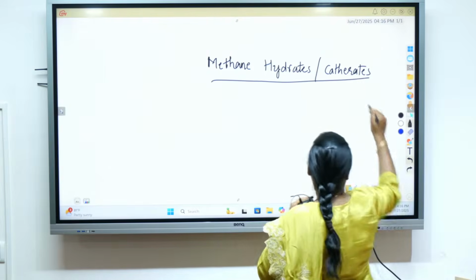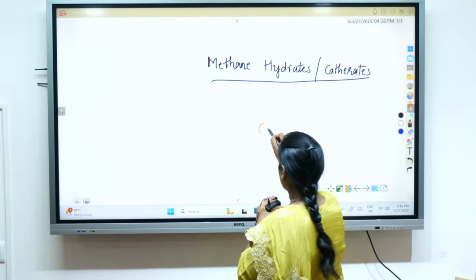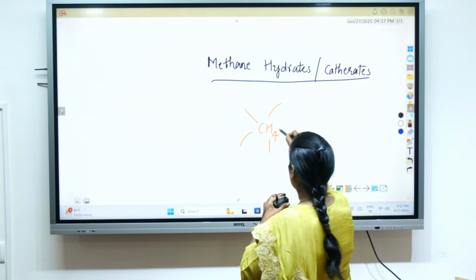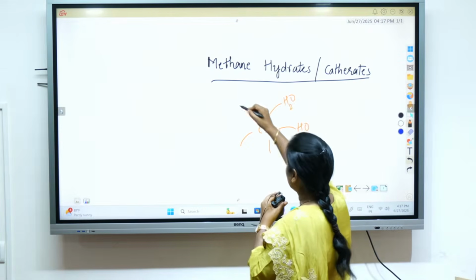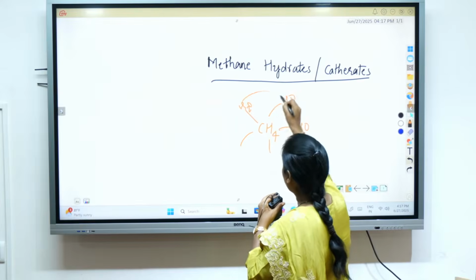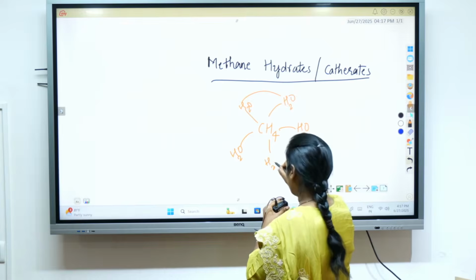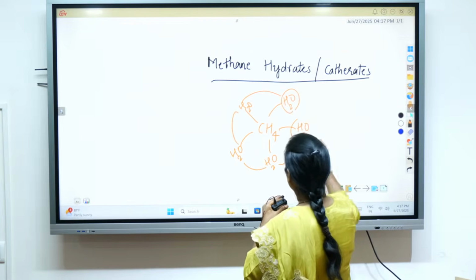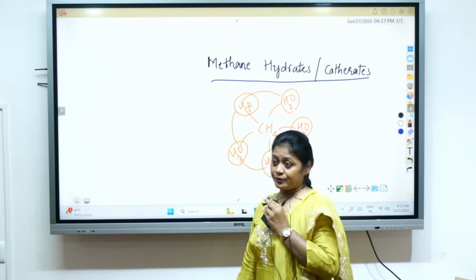Methane hydrates form when methane is surrounded by a cage of interlocking water molecules at high pressure and low temperature. Then it is called methane hydrate.